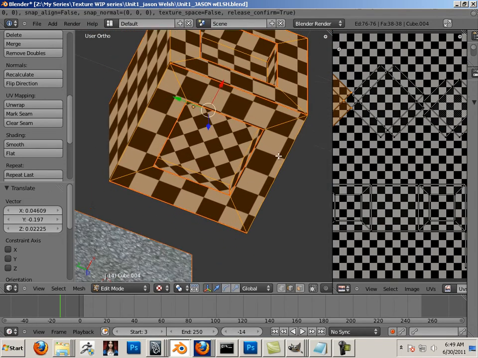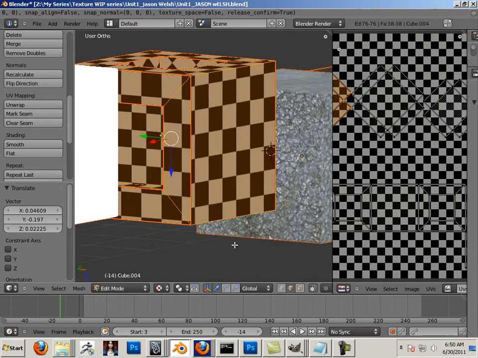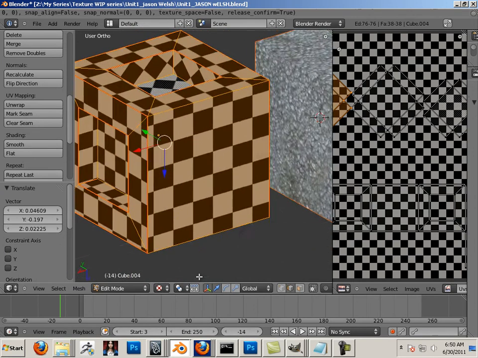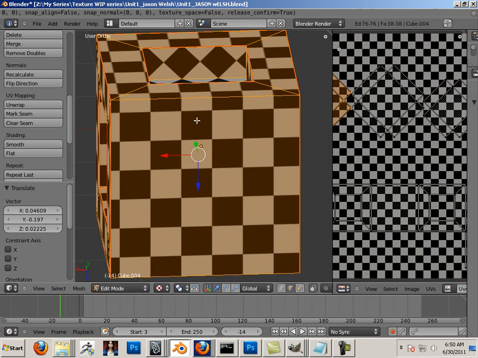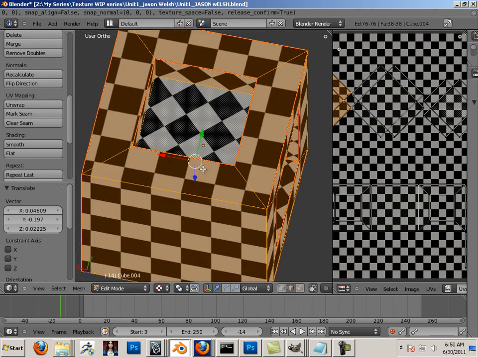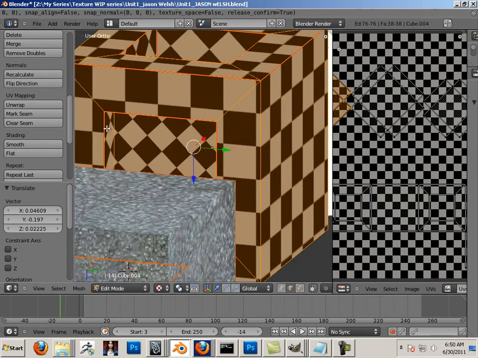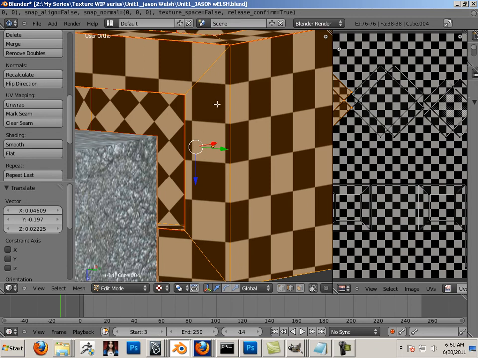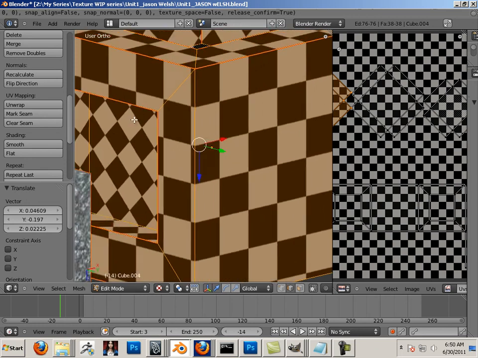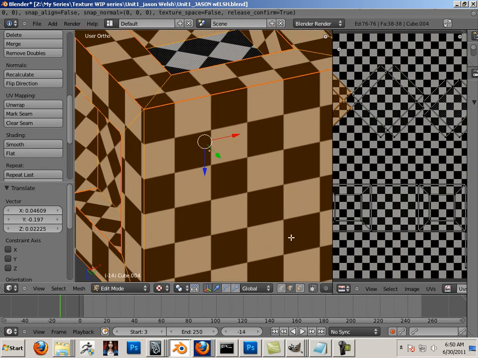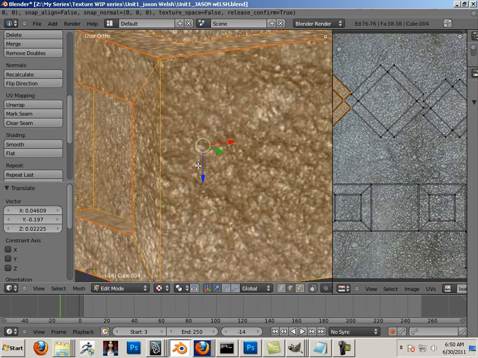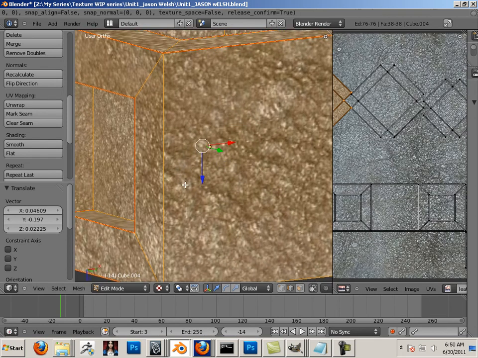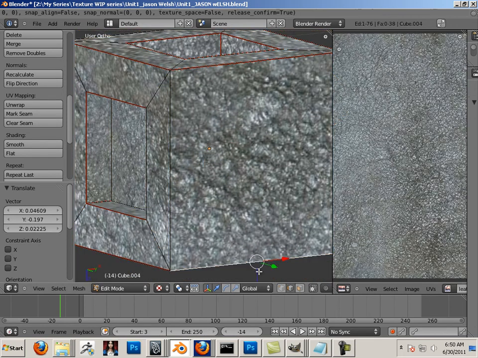Now, the direction of them is pretty important sometimes, but it's not as important as the size of these. If these squares are the same size as these squares, it becomes very uniform, but you can see that's not the case here. These squares are bigger than these squares. Let me show you what that means back in texture land. The smaller those squares are, the higher the amount of detail that goes into them.